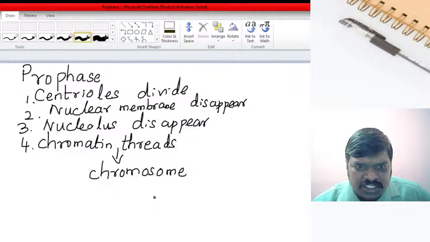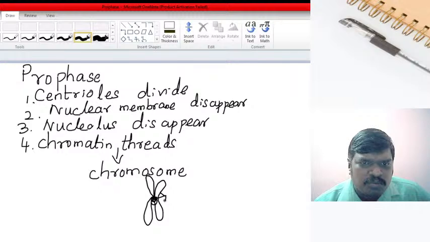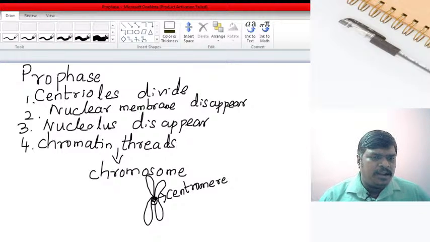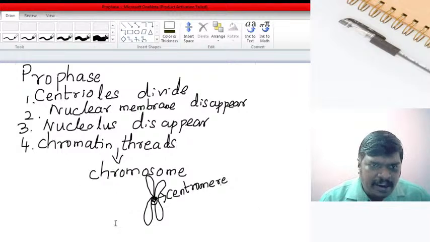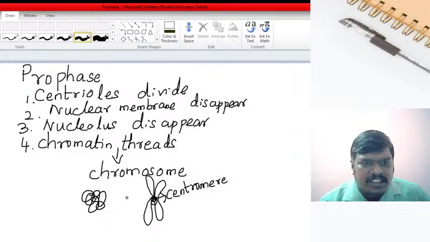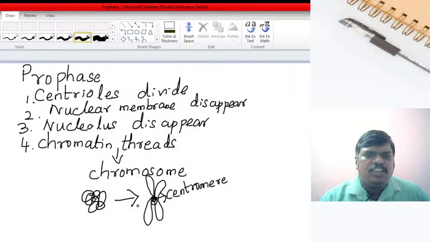We can see that a chromosome is formed. This part, the center of the chromosome, we call the centromere. A typical centromere structure is formed during the cell division process. So at the end of prophase, the chromatin threads, which were like this, condense and become the chromosomes.